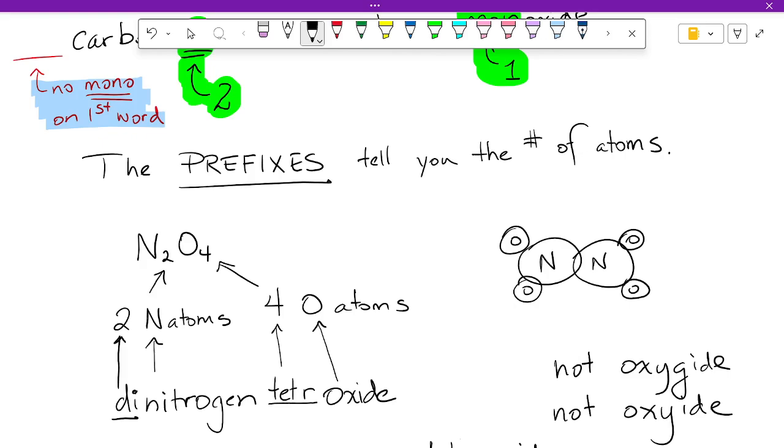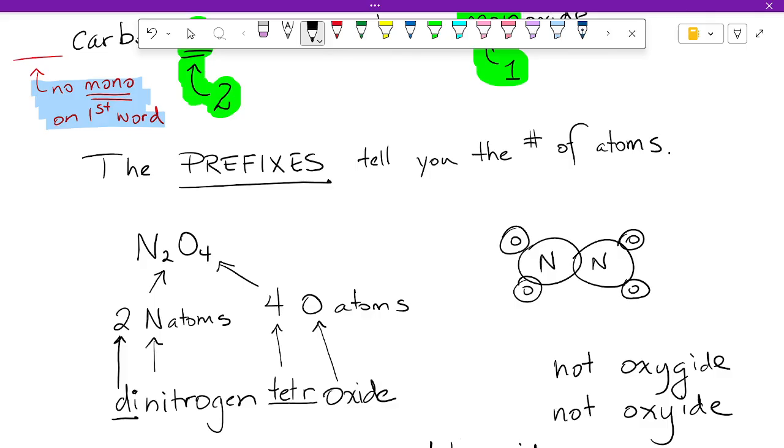Only in front of oxide. Other vowels, we don't drop anything.